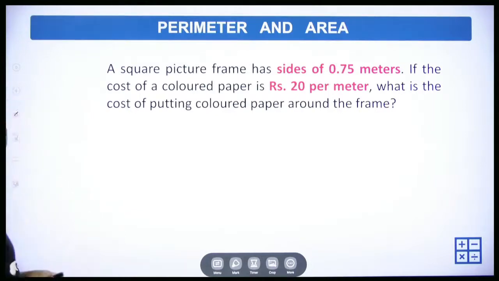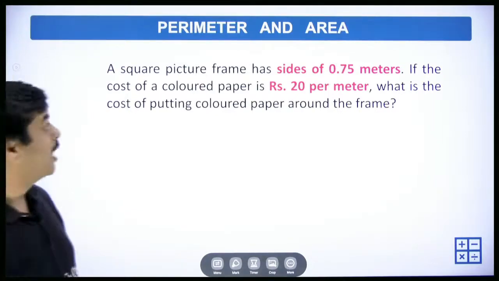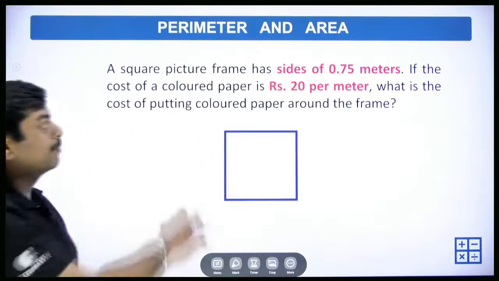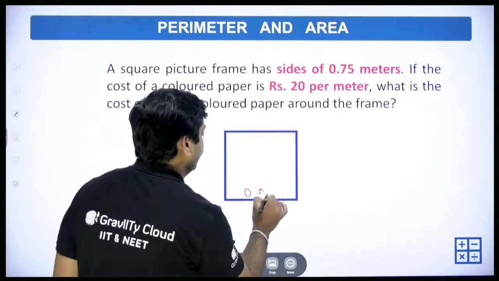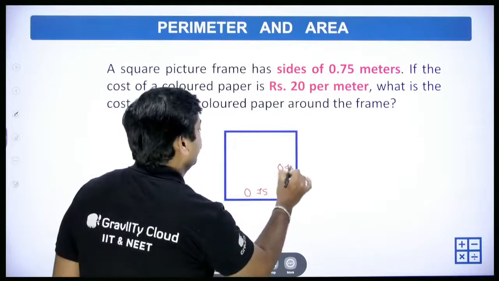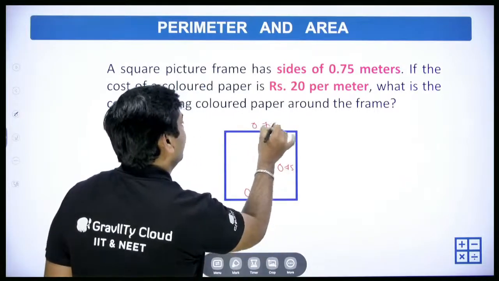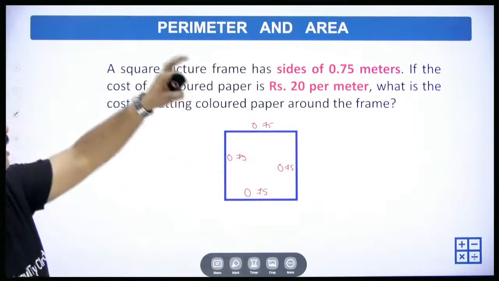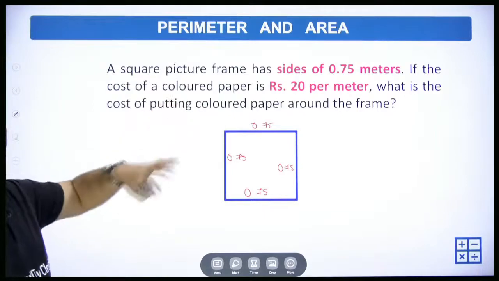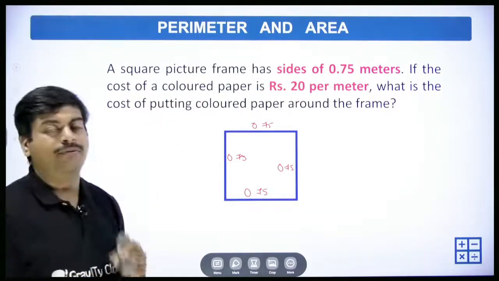A square picture frame has sides of 0.75 meters. So this is 0.75, this is also 0.75, 0.75 and 0.75. For this frame, we are tying colored paper around it.